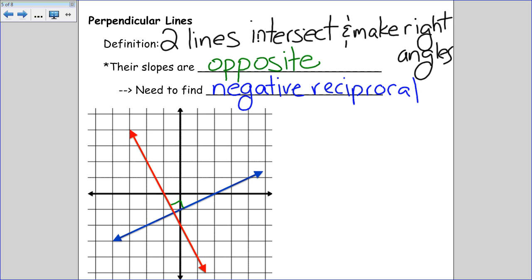Okay, this is a big word that means when you have something, we're just going to talk abstractly. Let's say we have something like A over B. Okay, the reciprocal, you guys remember this from fractions, means that we flip them. Okay, so that would make it now be B over A.